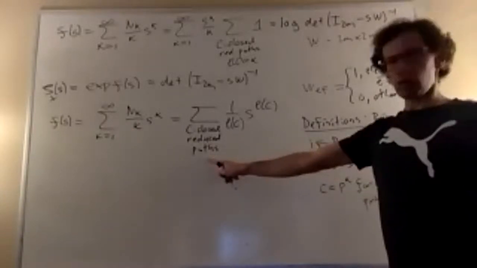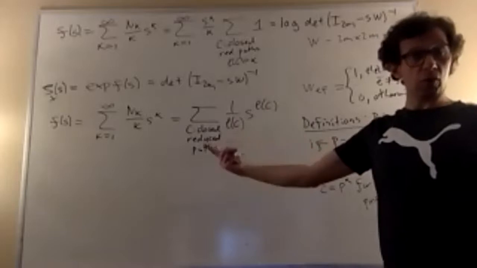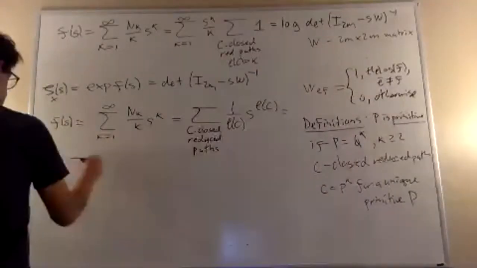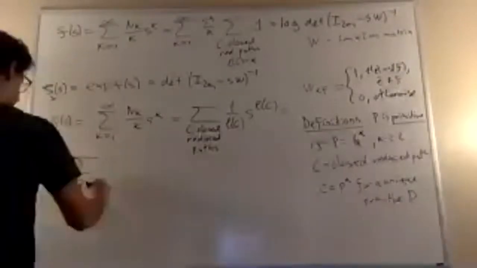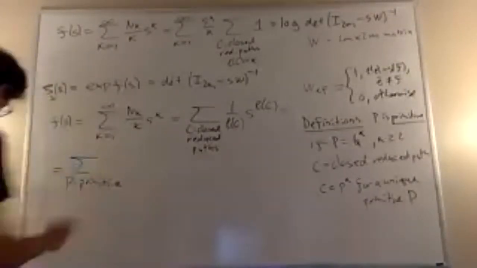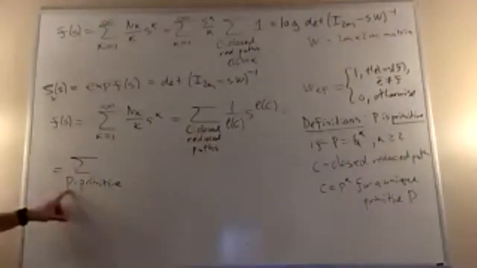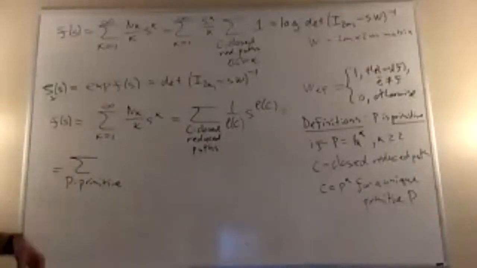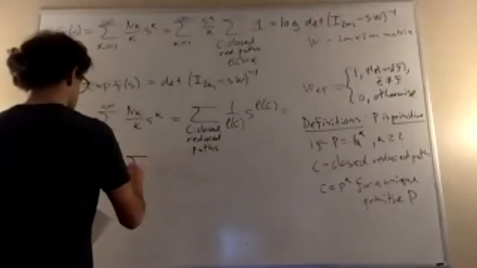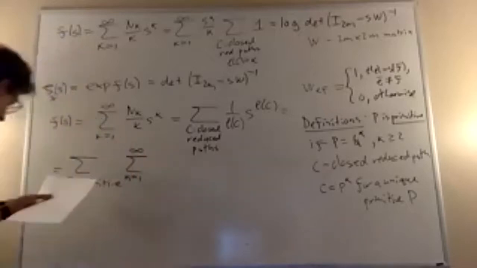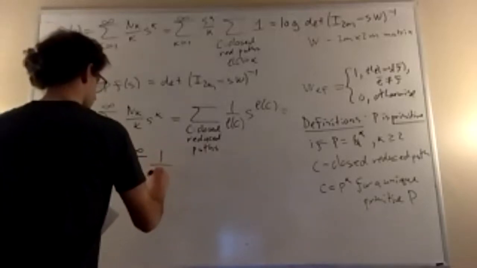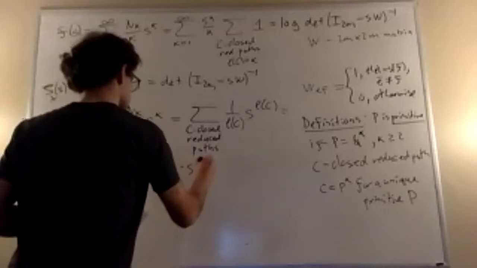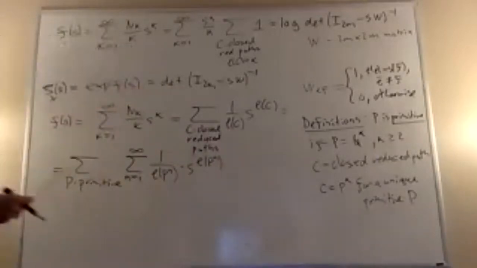So instead of summing over all closed reduced paths, I can sum over all primitive paths in the following way. This is the sum over all P, which are primitive paths. But now, for each primitive path, I have to look at all of its powers. So I'm going to take the sum from n equals 1 to infinity, 1 over the length of P to the n, times s to the length of P to the n.